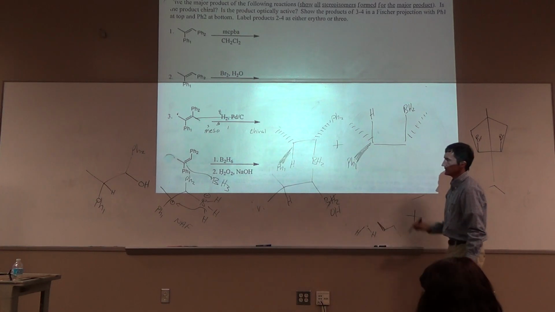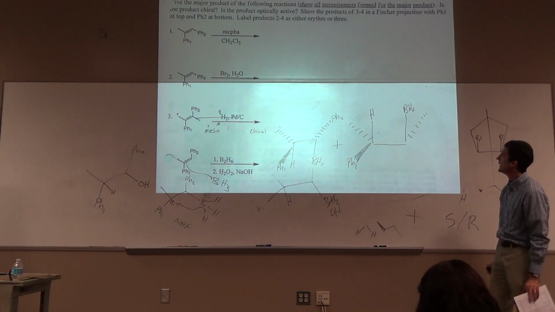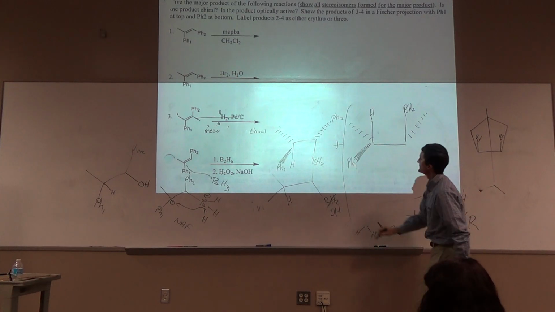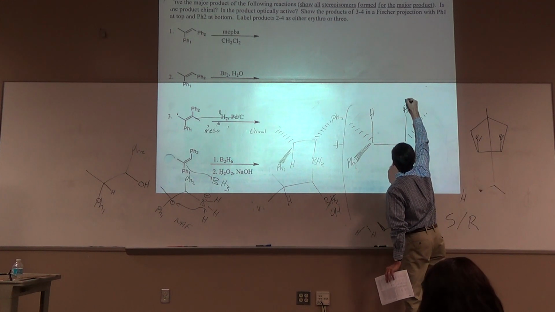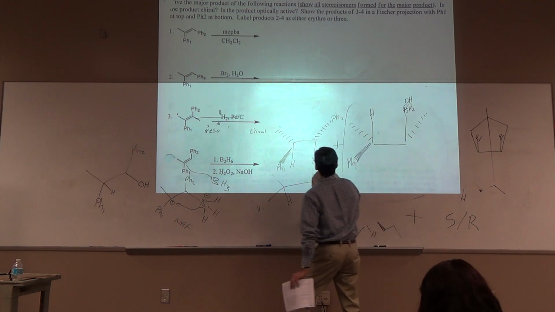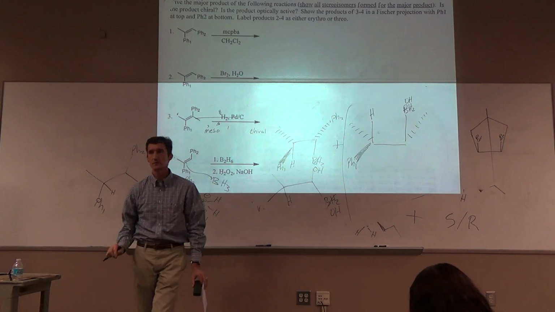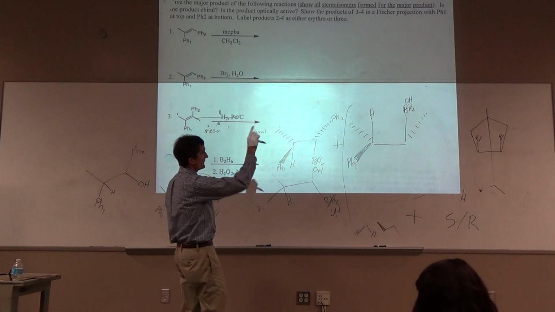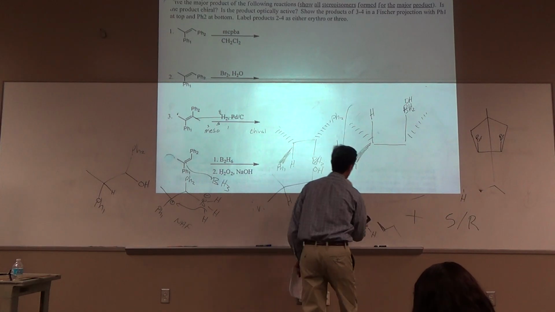You get both of these, because it's 50-50 of coming in from bottom or top. Now we know the magic step just replaces this with OH. Here are your two products, shown with the stereochemistry maintained. Now the question asks you to draw these in Fischer projection and tell if they are erythro or threo.